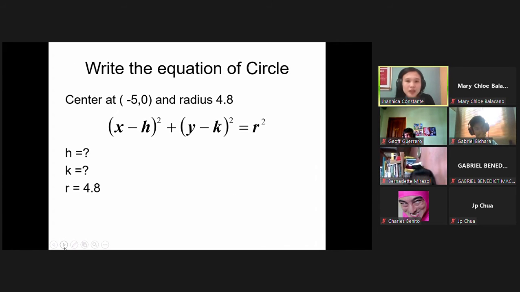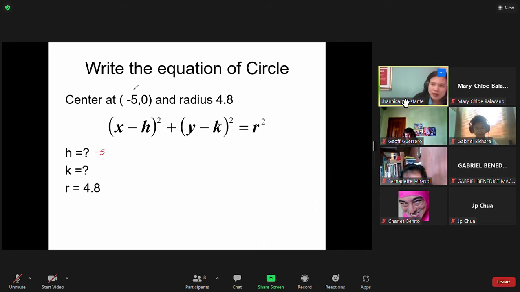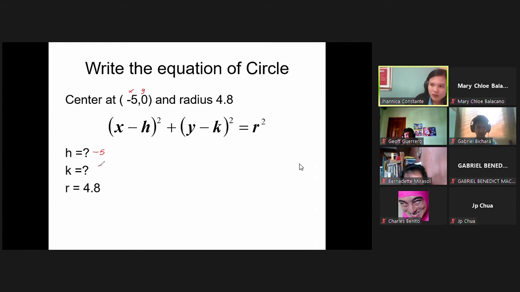In writing the equation, what you just need to substitute is the value for h, k, and the radius. Since we have the center, your h is -5, which is the value for your x coordinate, or ordered pair x, and the ordered pair y is equal to 0. So substitute the given values of h, k, and r in the standard form of the equation of a circle.